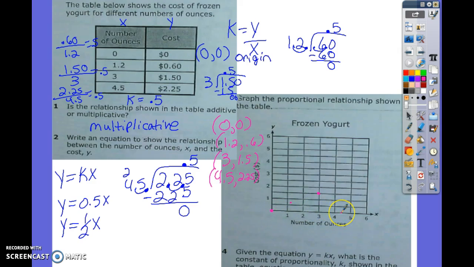We want to be in the middle of 4 and 5. And then we want to go up 2 and 1/4. So we're going to go up to 2 and then a little bit above 2. And then we'll have our points there on the graph. And we can draw a line. We want it to be a straight line, not perfect there.